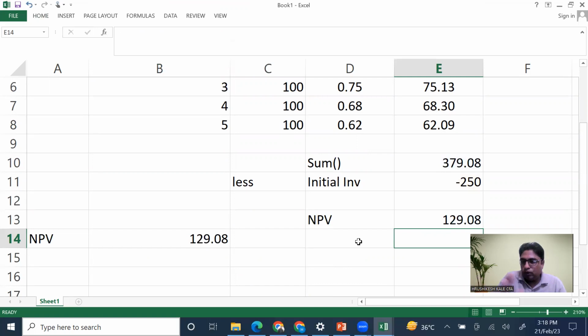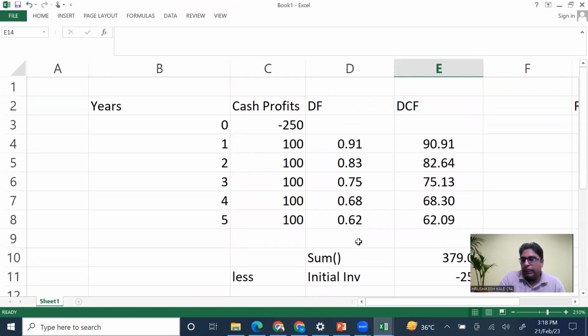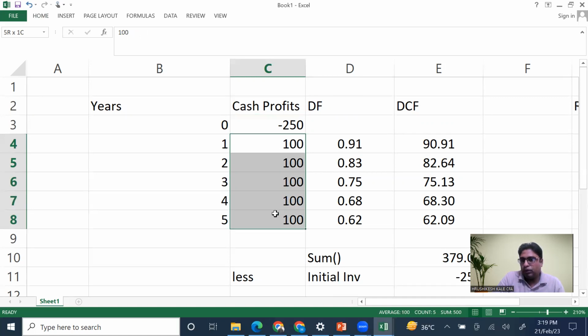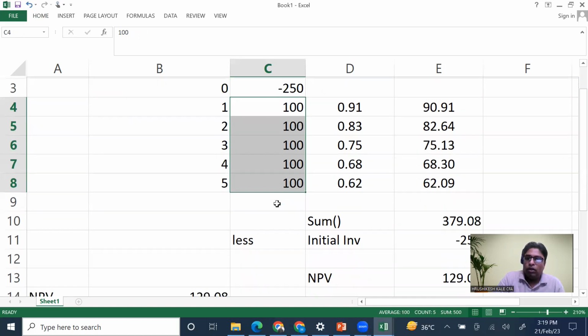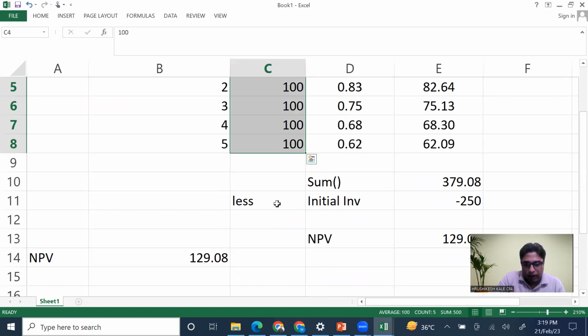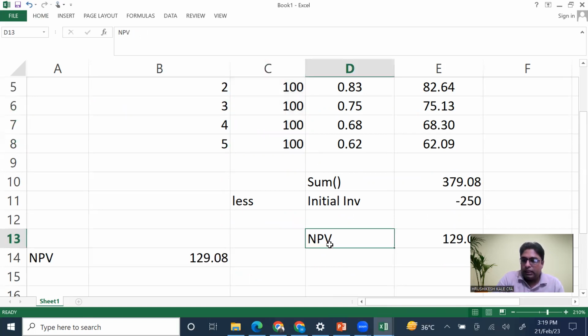So in both ways you can do it, but always remember one thing: NPV is based on cash profits. When you invest something, cash is negative. When you get something, cash is positive. Now, considering the time value of money, if you are trying to find out profit and loss, that is called net present value.